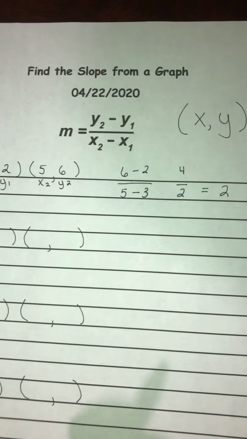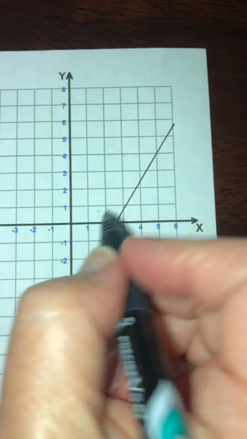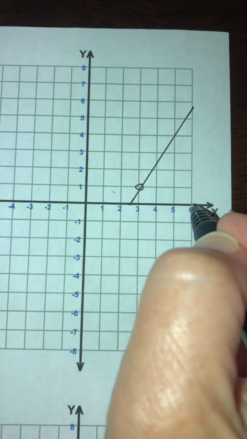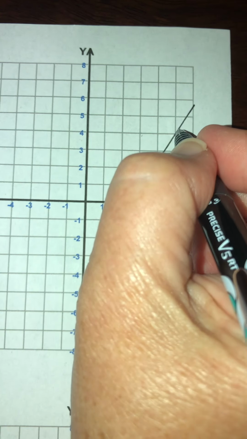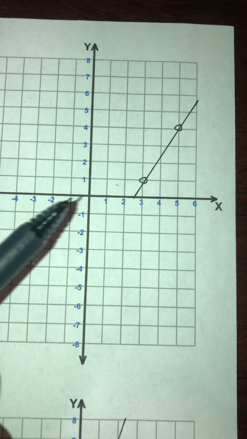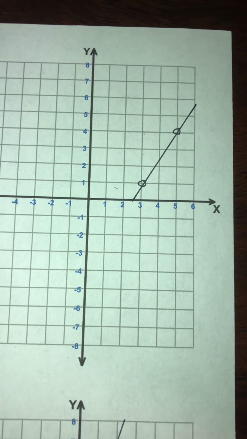The next one we're also going to circle the ordered pairs. The first one I'm going to circle is 3, 1. And then I'm also going to circle 5, 4. Again, where they cross over. I was a little bit off on this because I drew the lines with my ruler, and sometimes you can't always get it perfect.